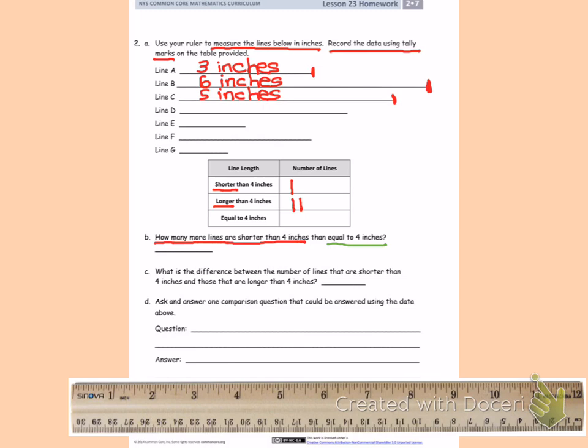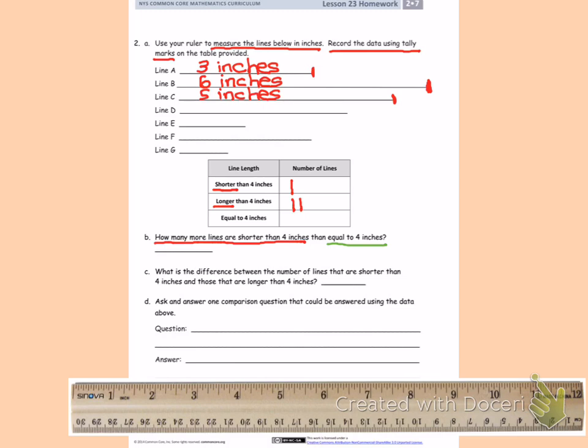Well, I know that this means I'll be comparing two different groups. The group of lines that is shorter than 4 inches compared to the group of lines that is equal to 4 inches. In order to do this, I will need to make an equation.